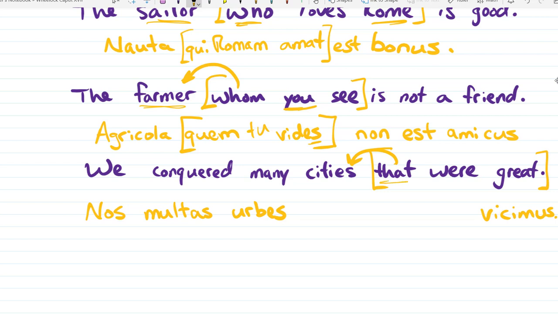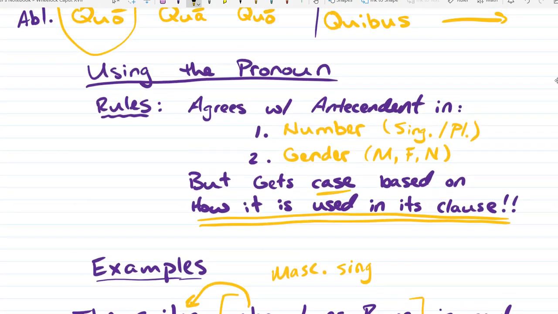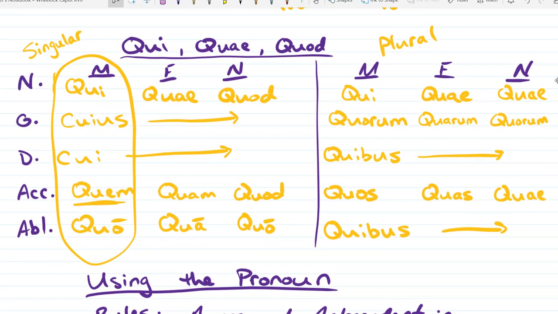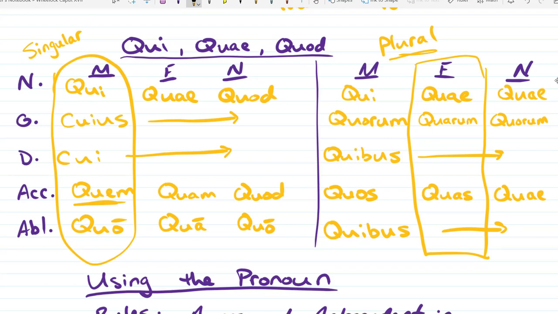Okay, so now we have to see what this is. Cities is feminine and plural. Okay. So going back here, we're going to be in the plural chart now. We're going to be using the plural and feminine plural. So we're going to want to use one of these forms, okay?